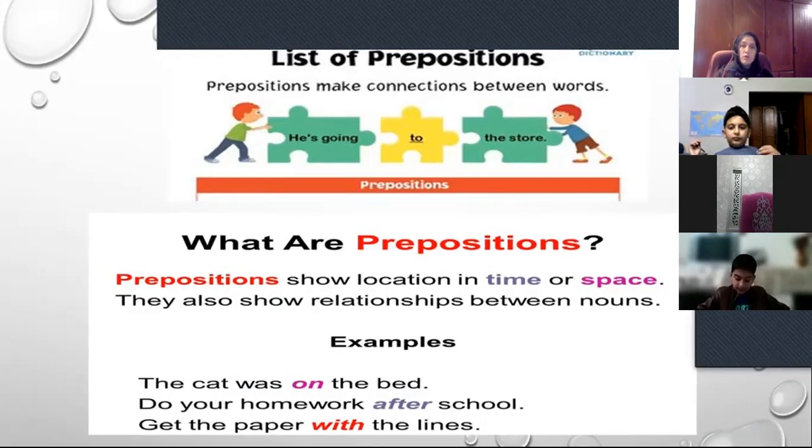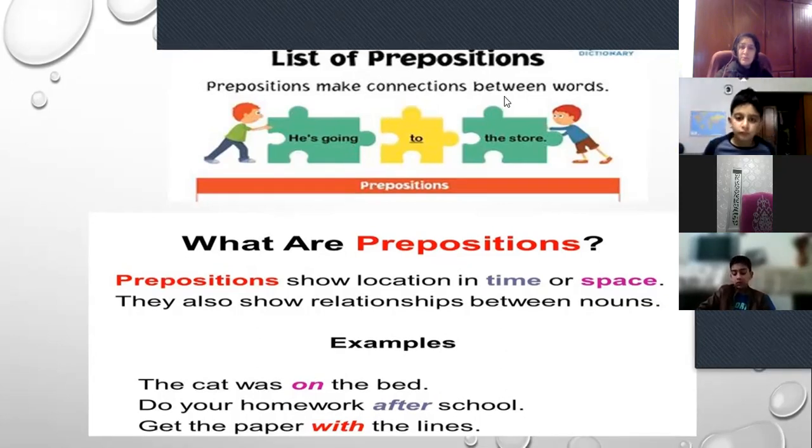Okay, so look at the slide carefully, all of you. Prepositions make connections between words. Prepositions are those words which actually connect the sentences. Sometimes they are nouns, sometimes they are pronouns. They make the bond, or you can say make connection between the words.